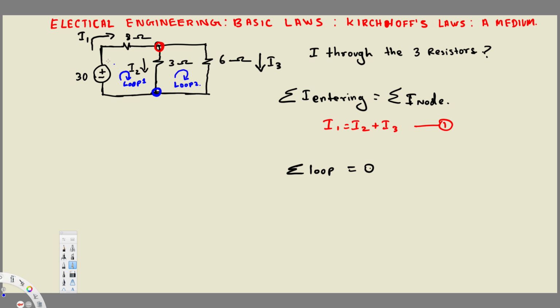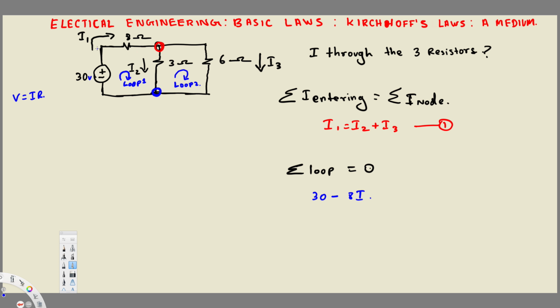So first we have I1 times 8. We know that V is equal to IR. So first we have 30 volts in the battery, so that is 30, minus, because it's going along the current's direction, so it's minus 8 I1.